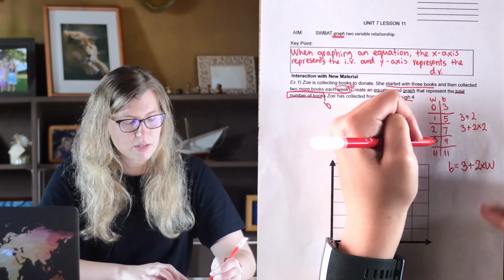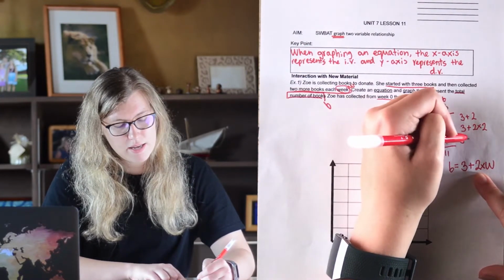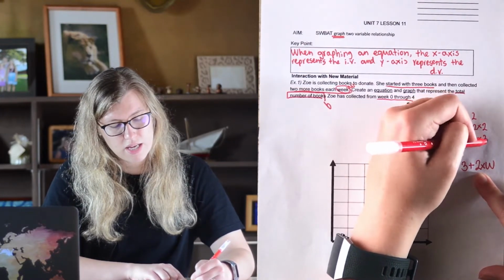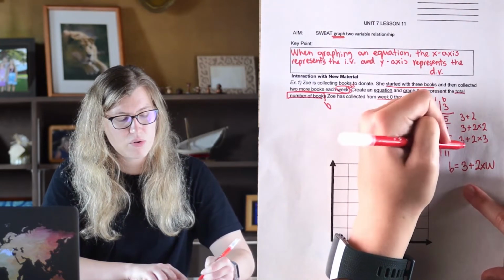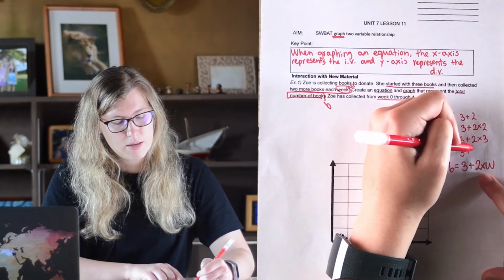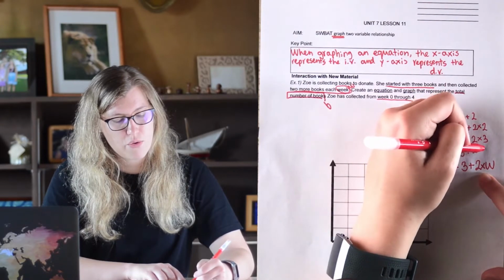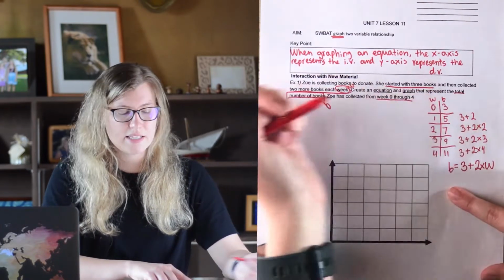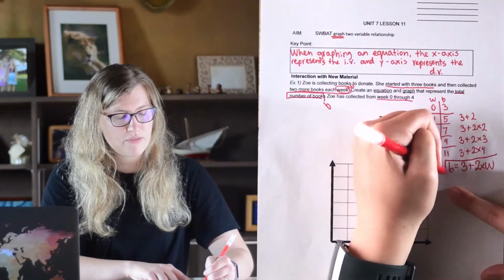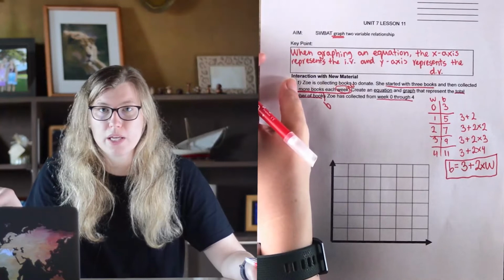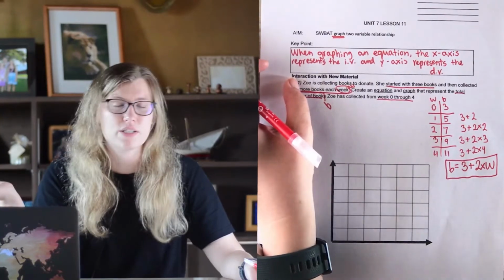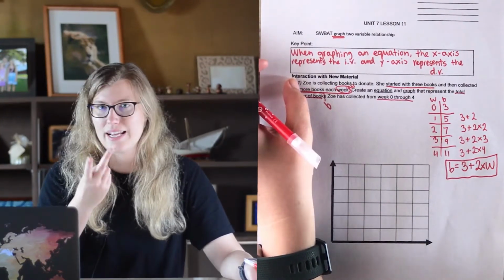So when my weeks was 3, 3 plus 2 times 3 equals, well, that's 6, plus 3 is 9. Same for my 4 weeks. 3 plus 2 times 4 is 8, plus 3 is 11. So that is how I found my equation. B equals 3 plus 2W. Or you could do 2W plus 3, doesn't really matter, because you can add either way.